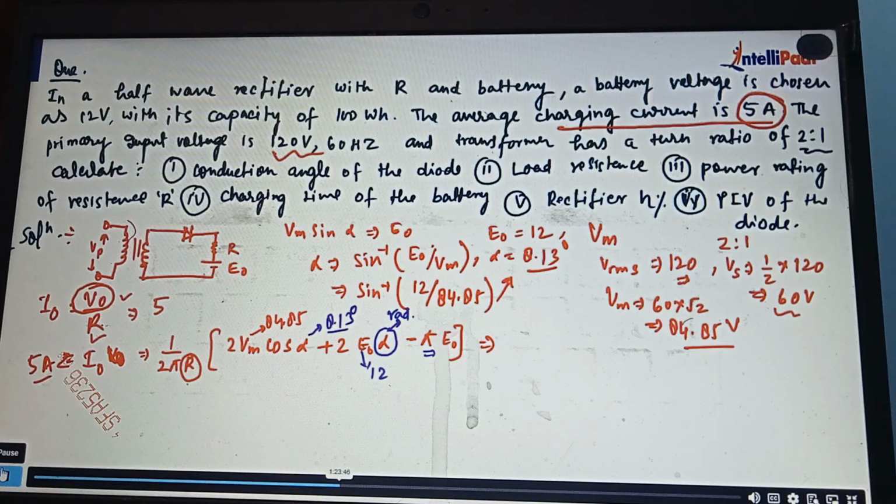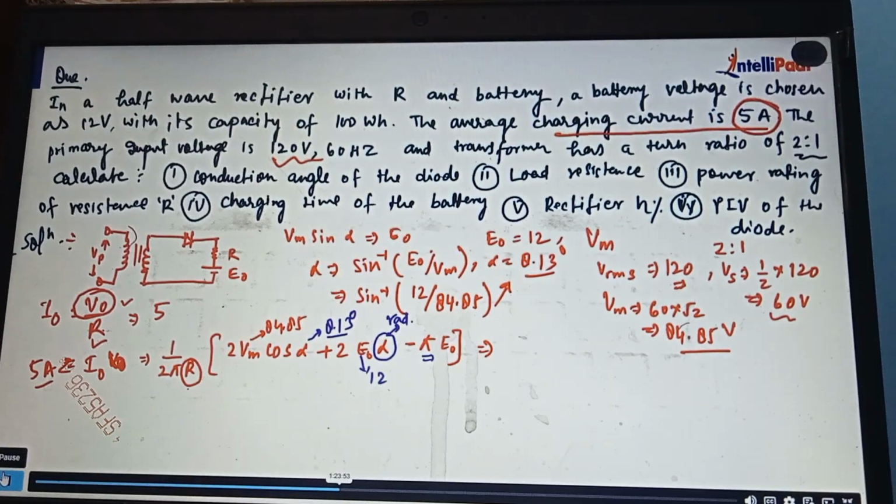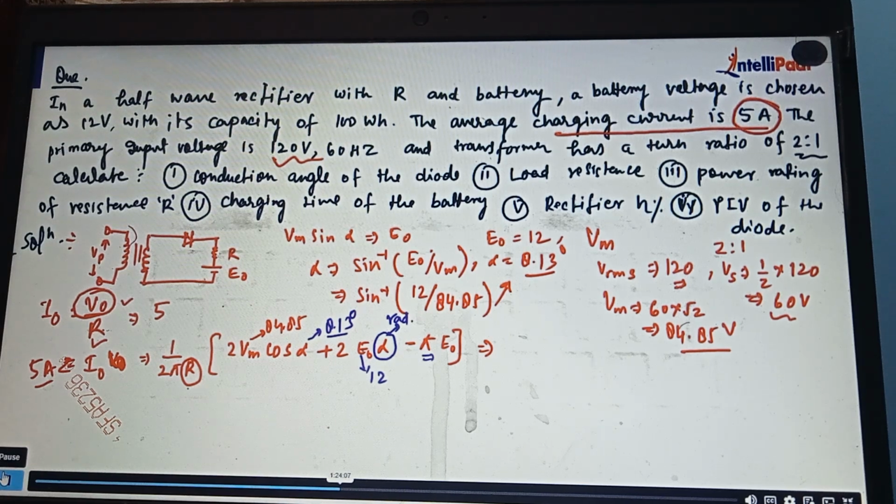Put all these values. Can you calculate? 0.25 ohm. 5 to 5 ohm.